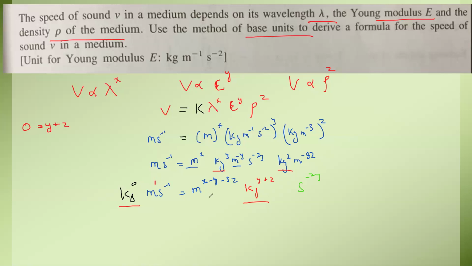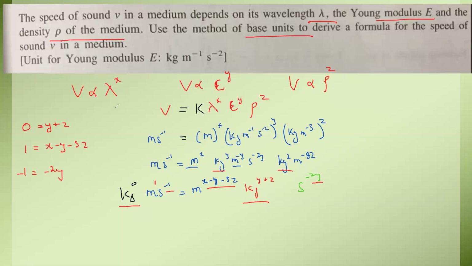Here meter is 1 and here meter is x minus y minus 3z. So we can say 1 is equal to x minus y minus 3z. And the last one, second is -1, and here second is -2y. So -1 is equal to -2y.